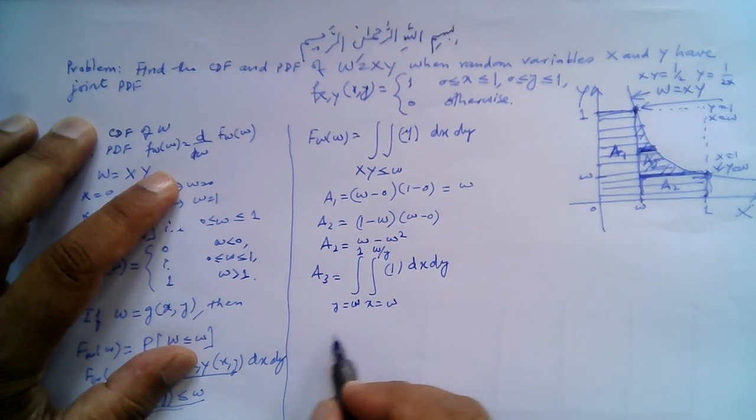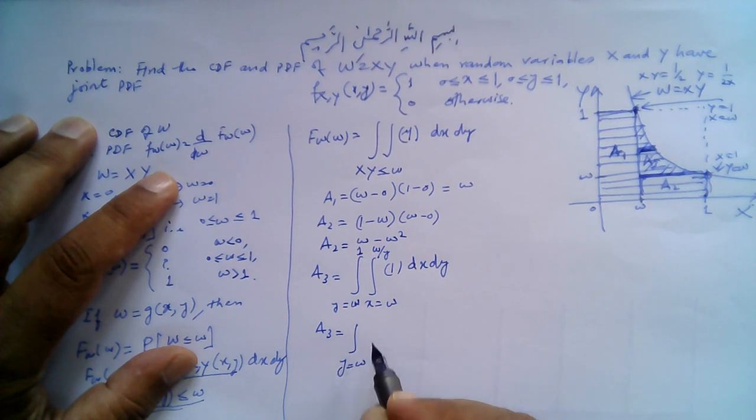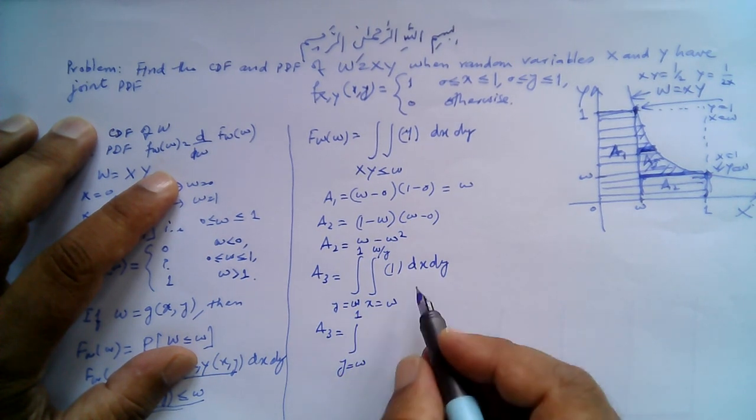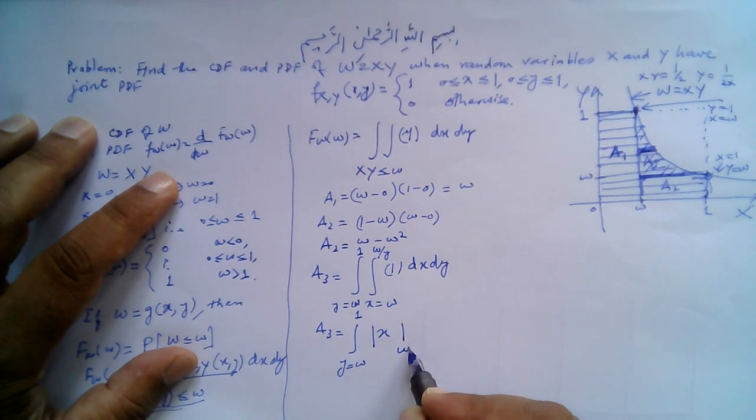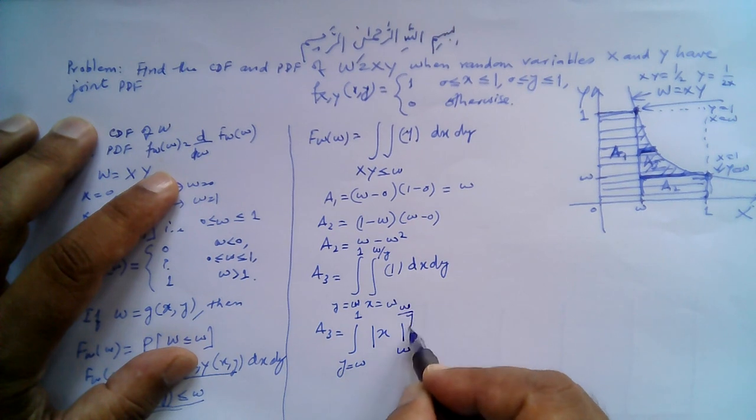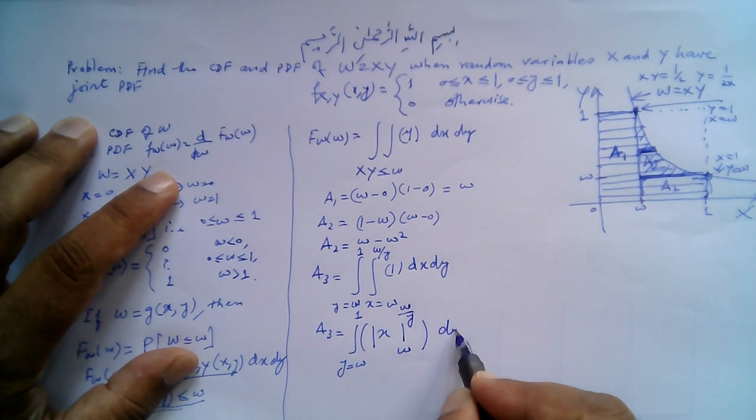So let's now start doing the calculations. First we evaluate the internal integral. The integral with respect to x is evaluated as x, with x going from w to w over y, and we are still left with integration of dy, right?